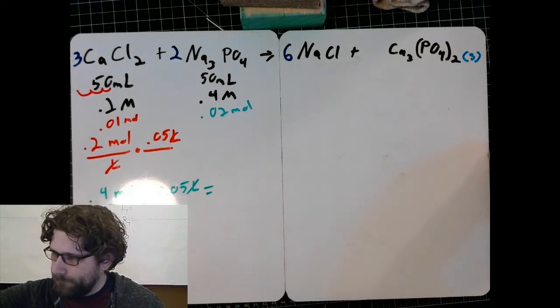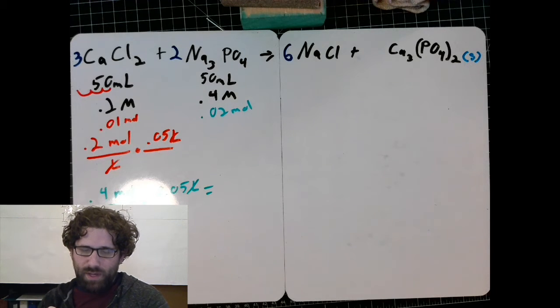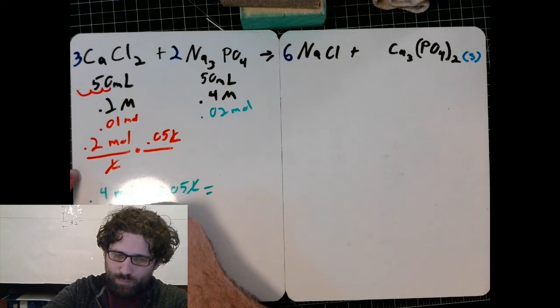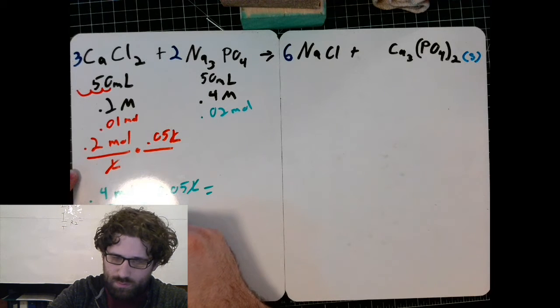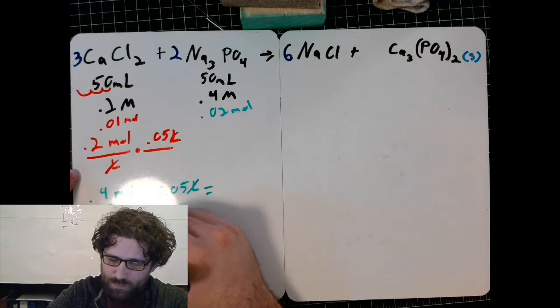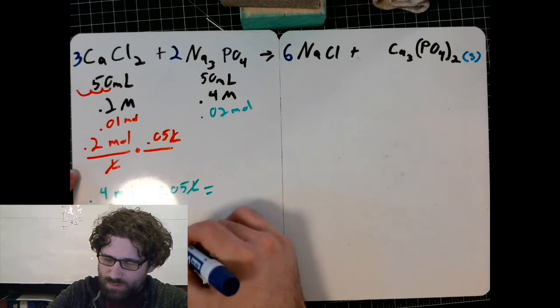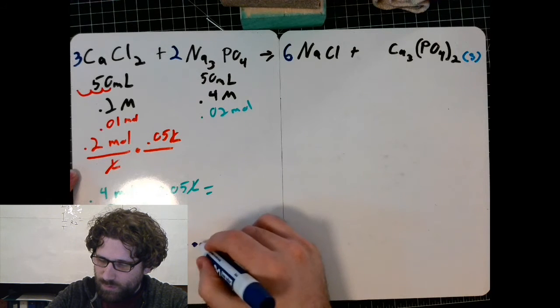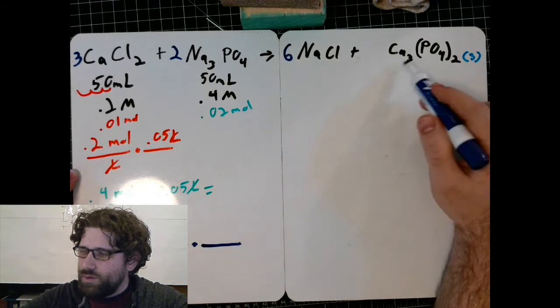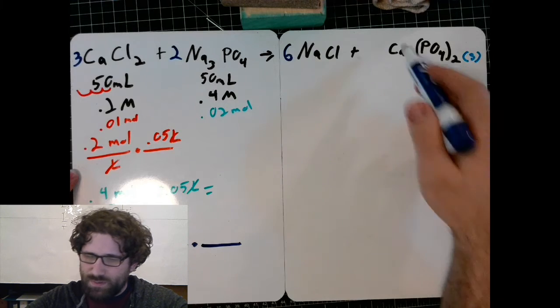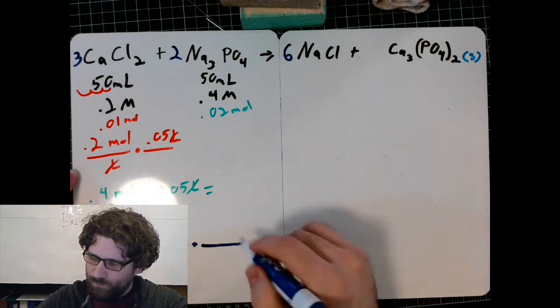Let's prove that. So I've got 0.01 moles CaCl2 times, and let's go to Ca3(PO4)2 because it's a 1.